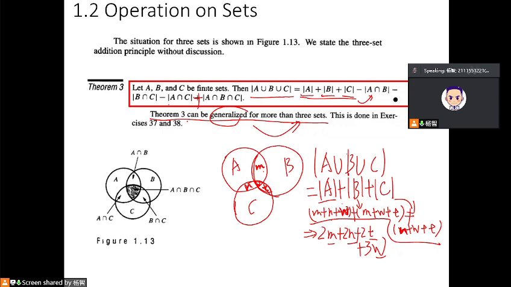All right? So look at the intersection of A and B. We just minus this.